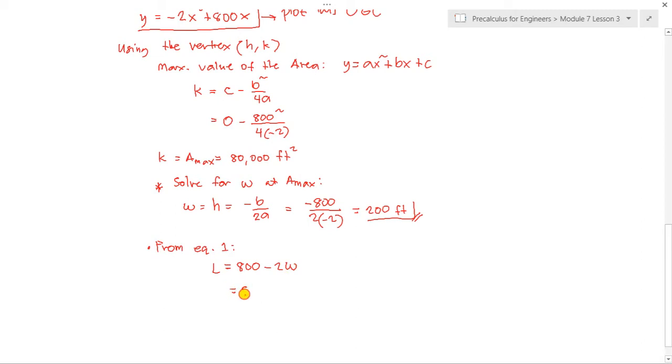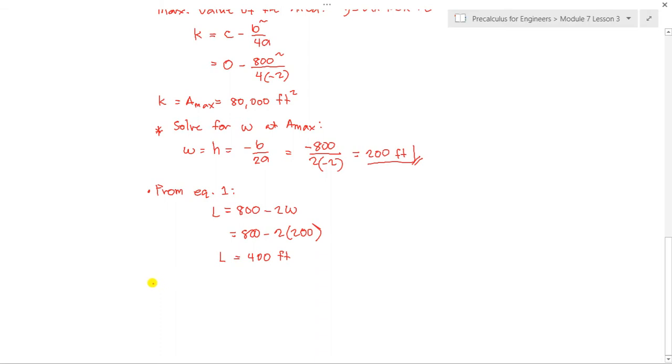So that is 800 minus 2 times 200. Therefore, the length is 800 minus 400. That is equal to 400 feet.